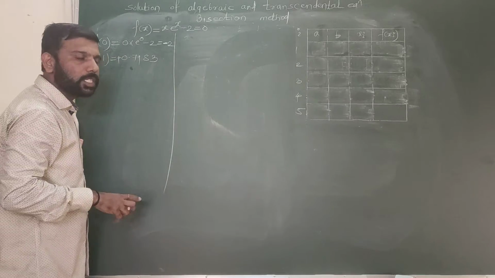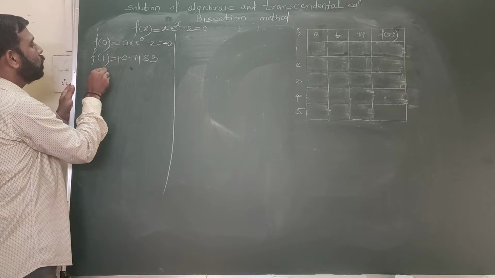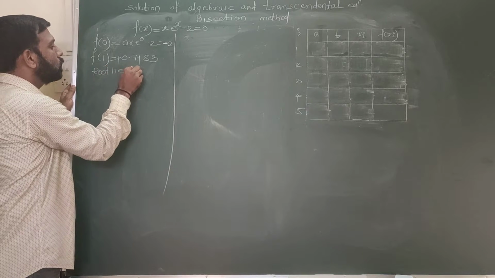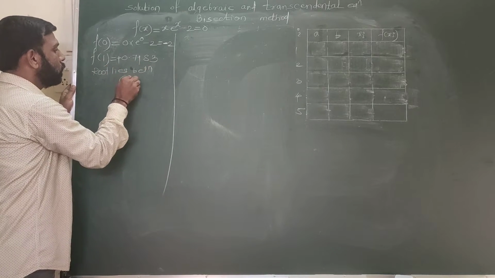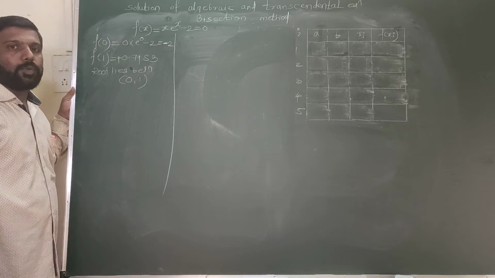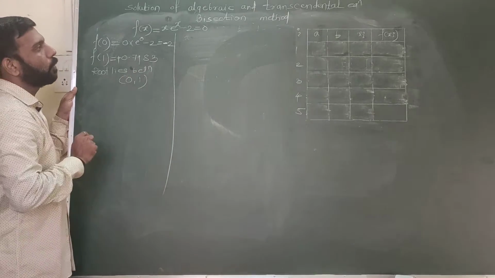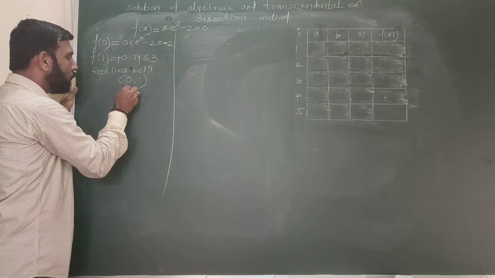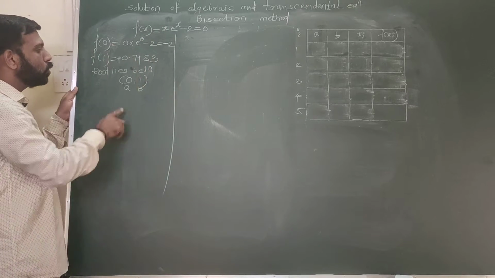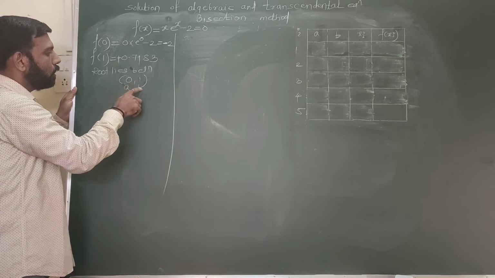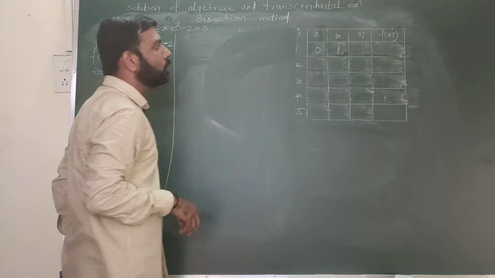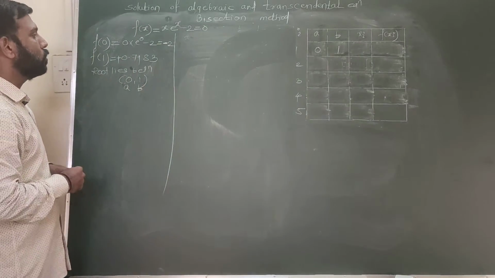When we get opposite signs, we stop. So we claim the root lies between 0 and 1. This is our interval. In the bisection method, these become our first a and b values.